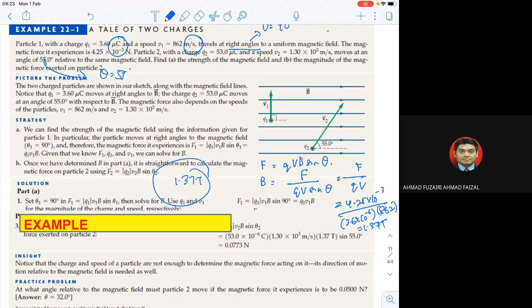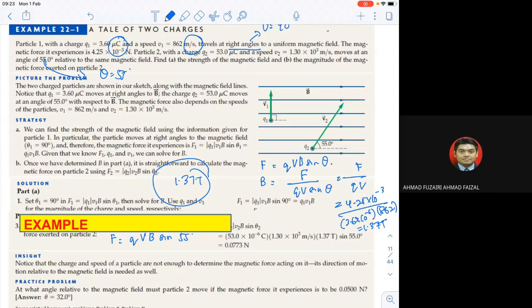Part B wants you to give the magnitude of the magnetic force. So F is equivalent to qvB, but this time with sine 55.